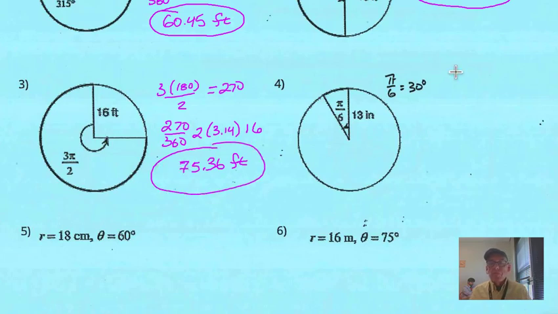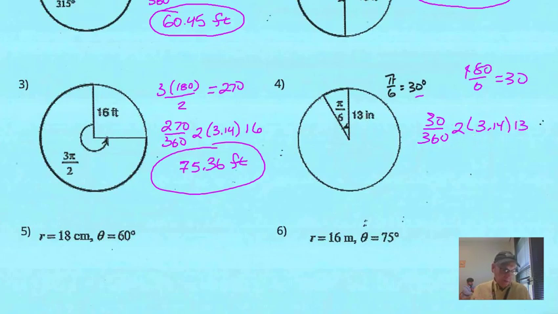So look at number 4. They're giving us pi over 6. So again, 180 over 6 is 30 degrees. So 30 degrees is the degree measure of a pi over 6 radian angle. So we have 30 over 360 times 2 times pi times the radius.